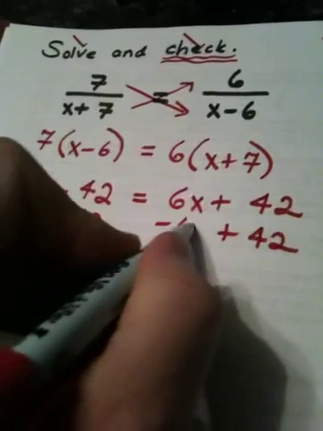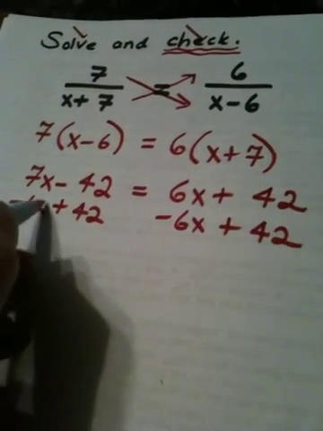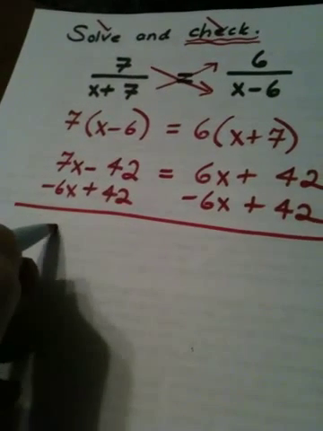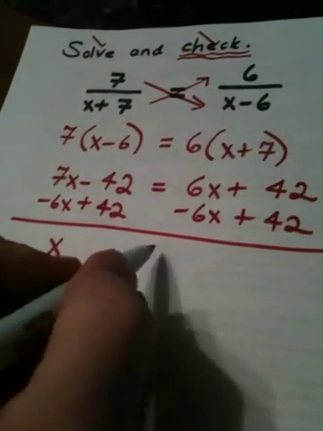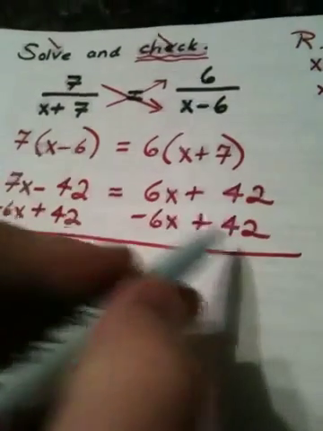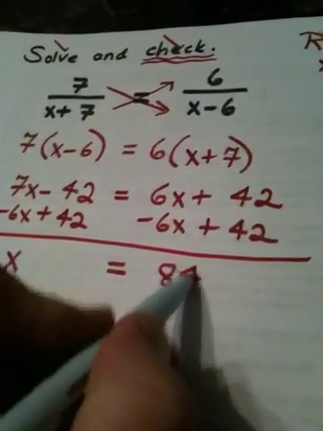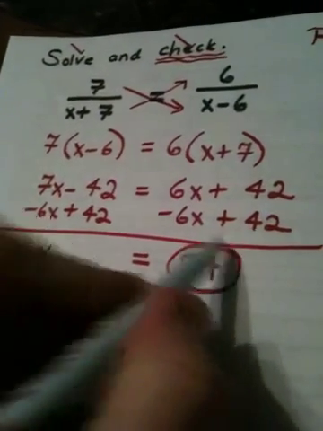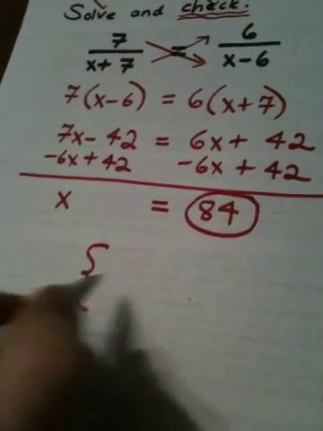I'm also going to subtract 6x. When I do that, I'm left with 1x, or x, equals 84.